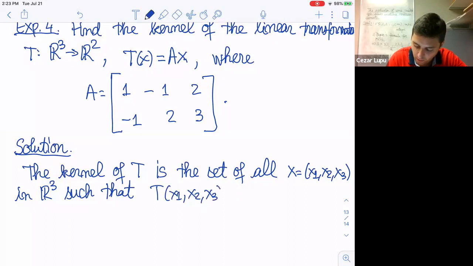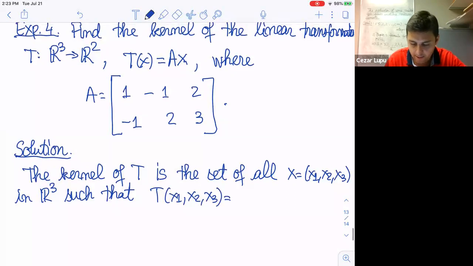Let's not forget how my linear transformation is defined, from R3 to R2.